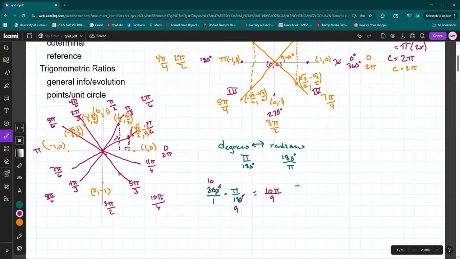Now, say they give you radians and you want to go to degrees. So I'm going to give you 5 pi over 12 radians. And I'm going to say we need this in degrees.